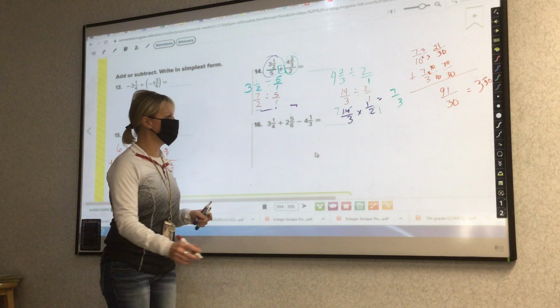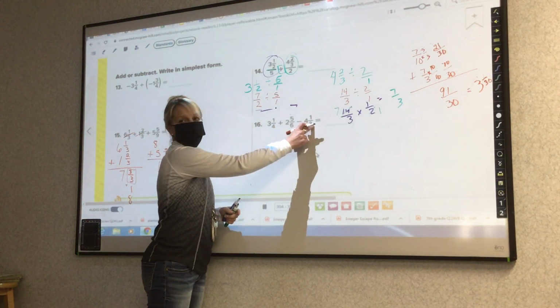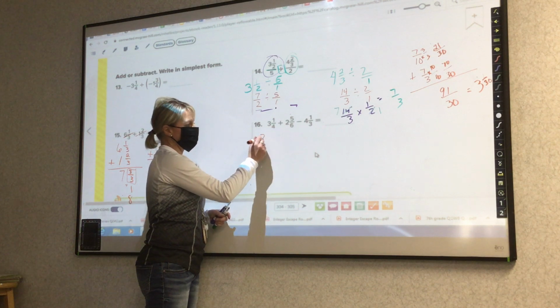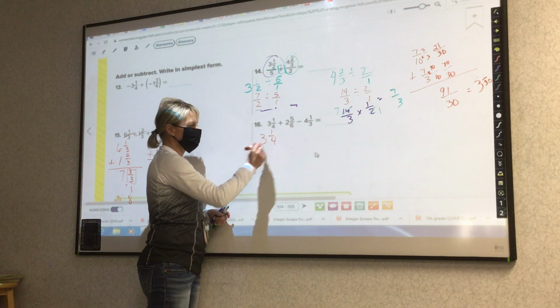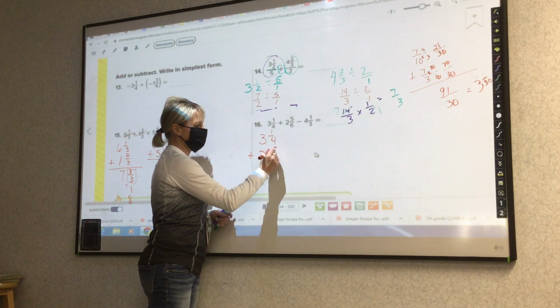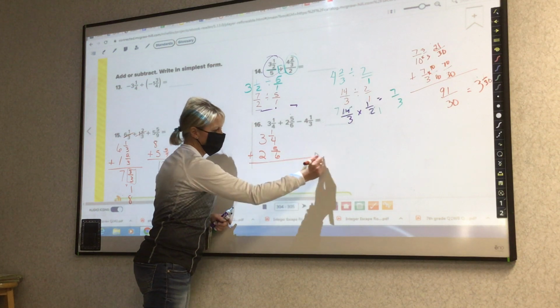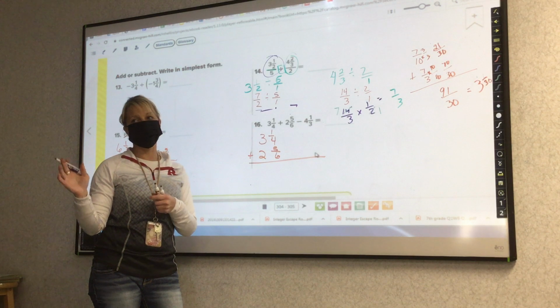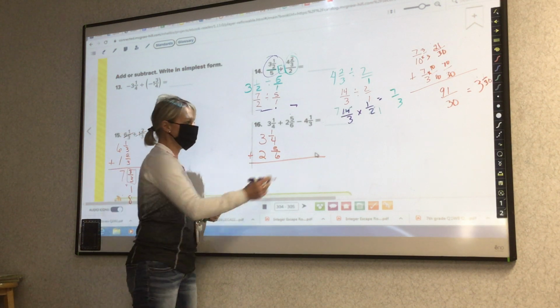So do we have anything in common? No, and you have to go left to right. So I go 3 and 1/4 plus 2 and 5/6. What's my common denominator? 24. 12. 24 can work, but then you're gonna have to reduce at the end. So let's use 12.